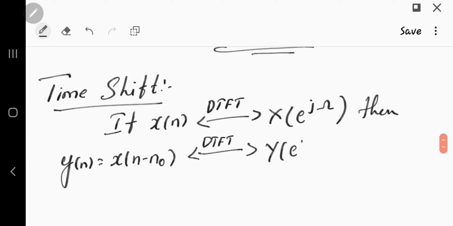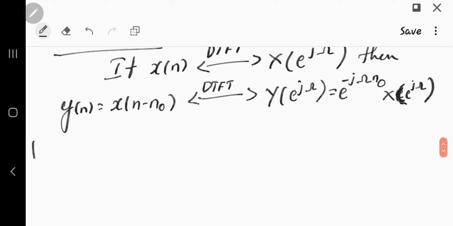So it should give us Y of e power j omega is equal to e power minus j omega n naught into X of e power j omega.